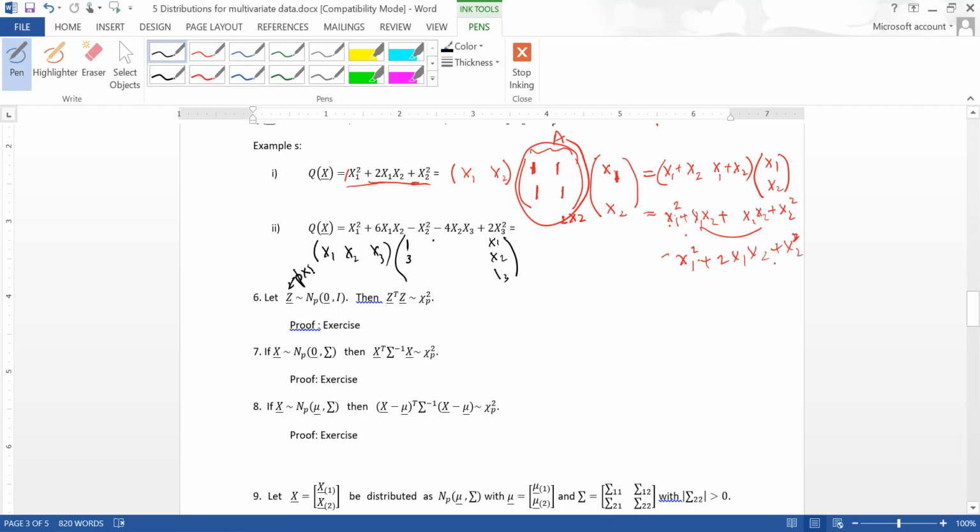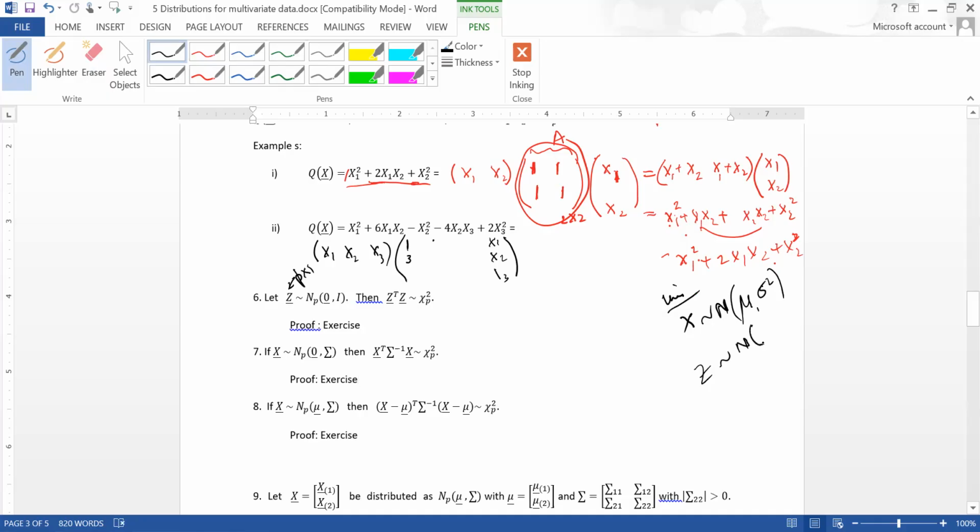So far we always used X, but here I have used Z. Why? Any idea why? In univariate also, when you talk about the normal distribution, you always use X. But there's a situation where we use Z. When?